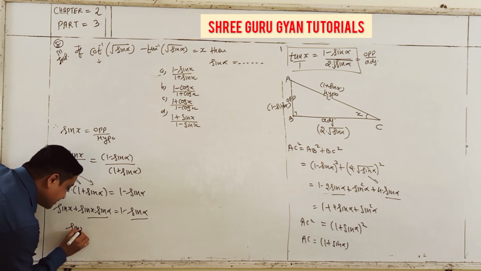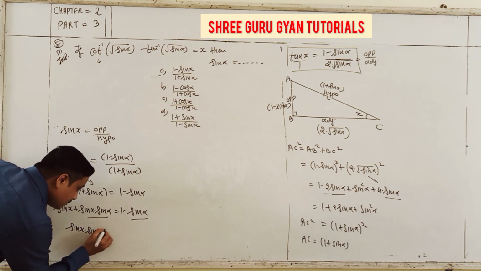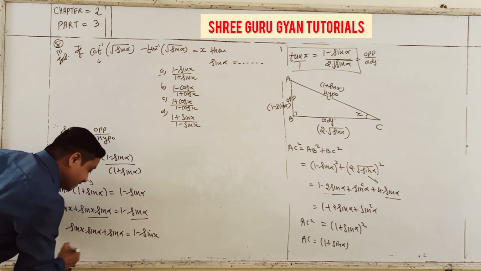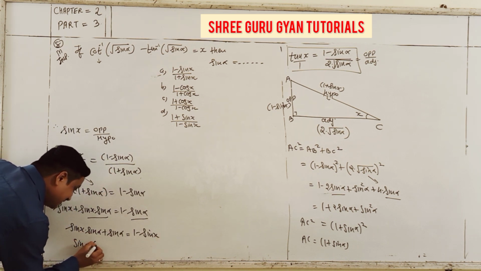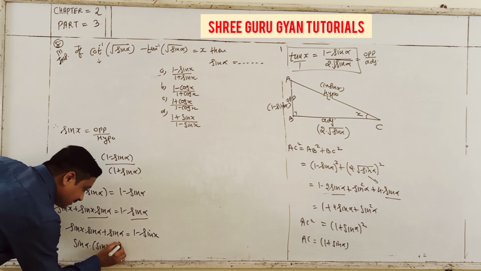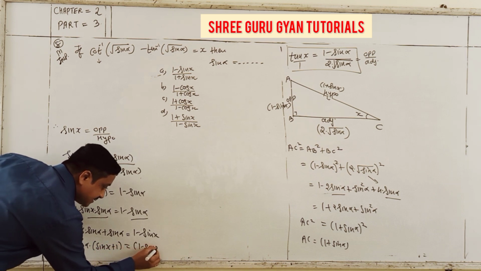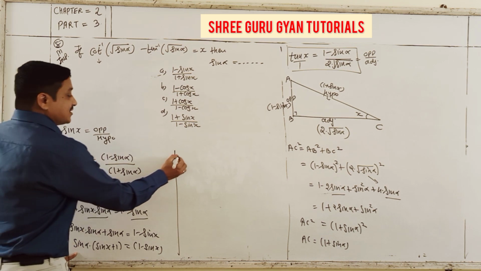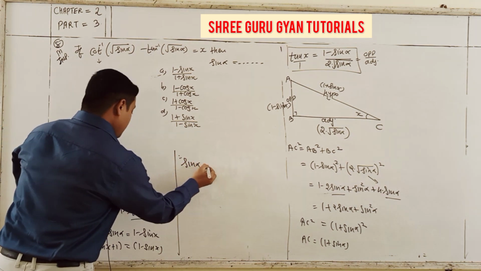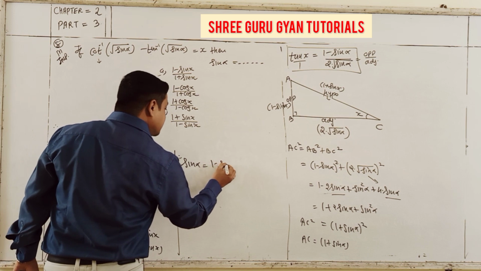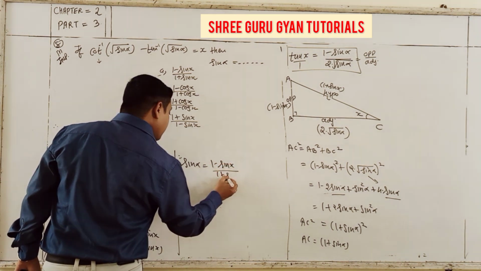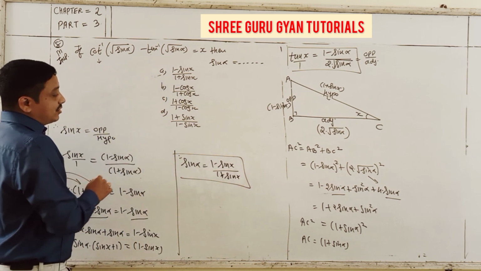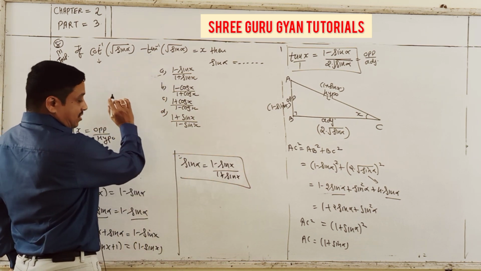So sine x sine alpha plus sine alpha, and 1 minus sine x merge on the right side. Use common: sine x plus 1 minus sine x. Yes, now here ending your sum, sine alpha separate. Remaining are 1 minus sine x by 1 plus sine x, and that should be your answer: 1 minus sine x by 1 plus sine x.